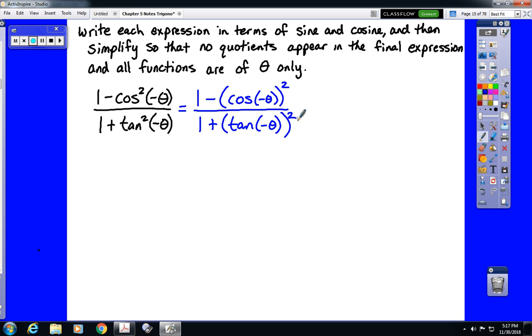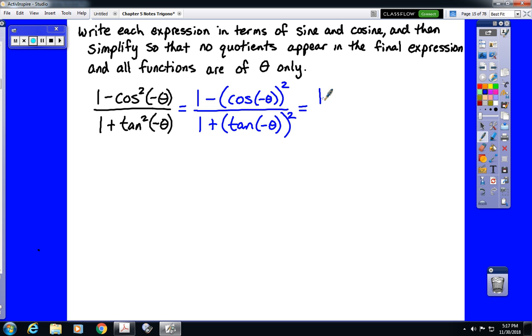When we square them, anytime we square a negative number, it becomes a positive number. So even though this is actually negative tangent theta, when I square that, negative tangent times negative tangent is going to be positive tangent squared.